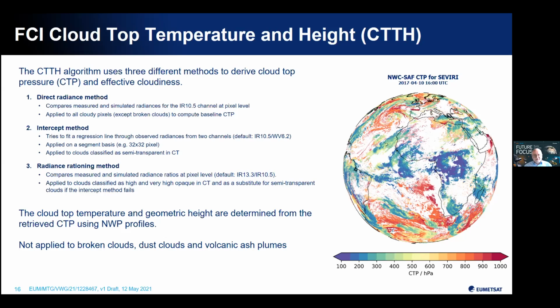And we use the 13.3 and 10.5 micron channel, but we can also switch to other channel combinations. They are applied to clouds classified as high and very high opaque in the cloud type, and also as a substitute for semi-transparent clouds if the intercept method fails, which is quite often the case. And again, as a fallback solution, we use the direct gradients method.